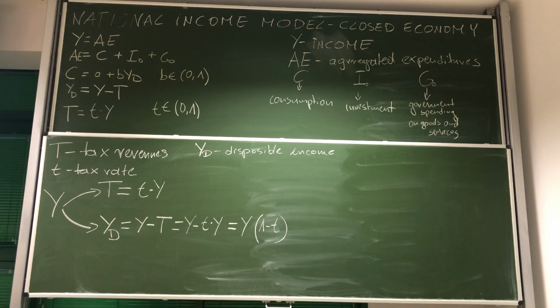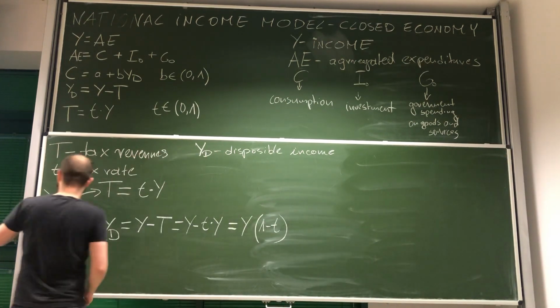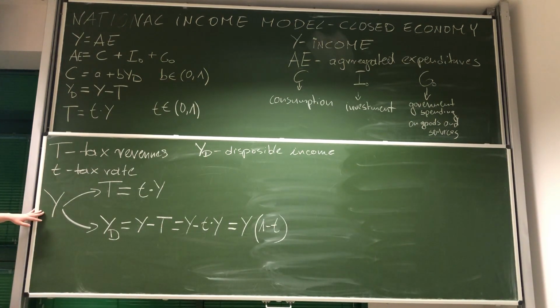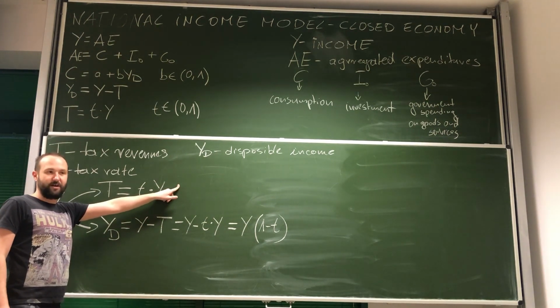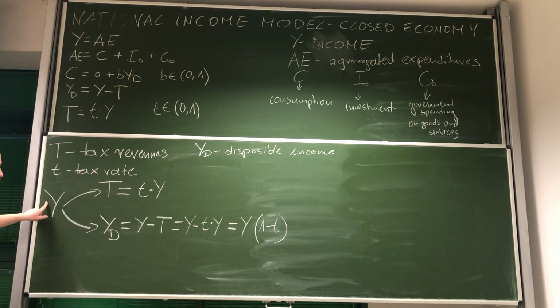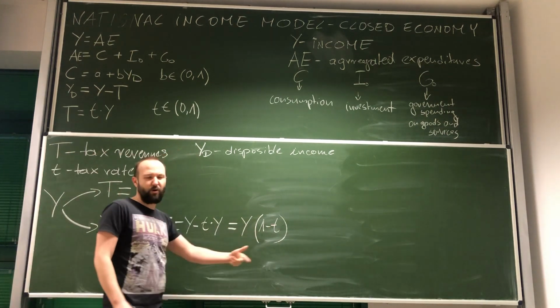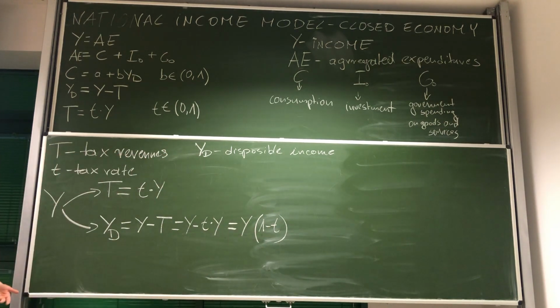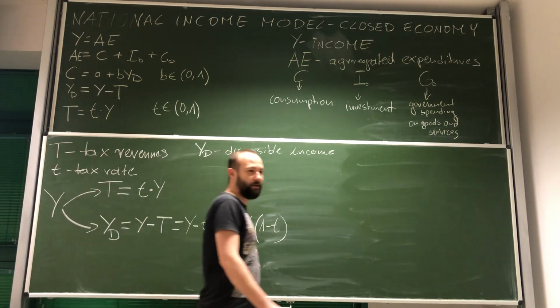Alright? Does it make sense? Look, if you make $100 and the tax rate is 20%, then it means that 20% times $100, $20, goes to government, and out of this $100, 1 minus t, so 100% minus 20%, 80% goes to you. So you get $80.